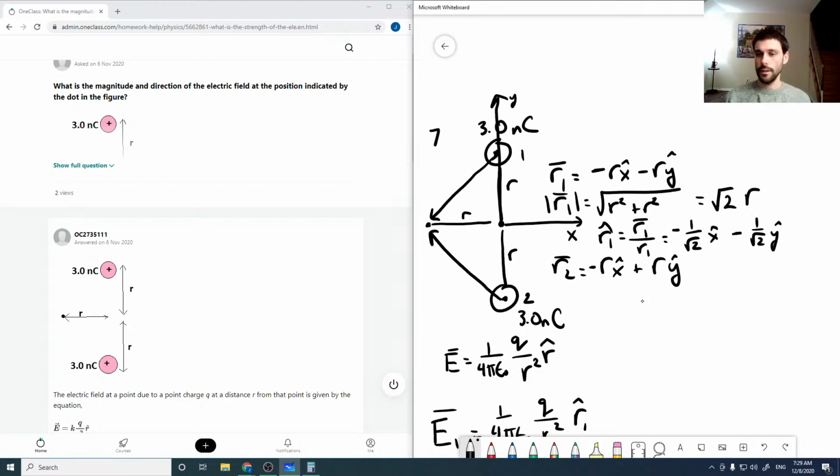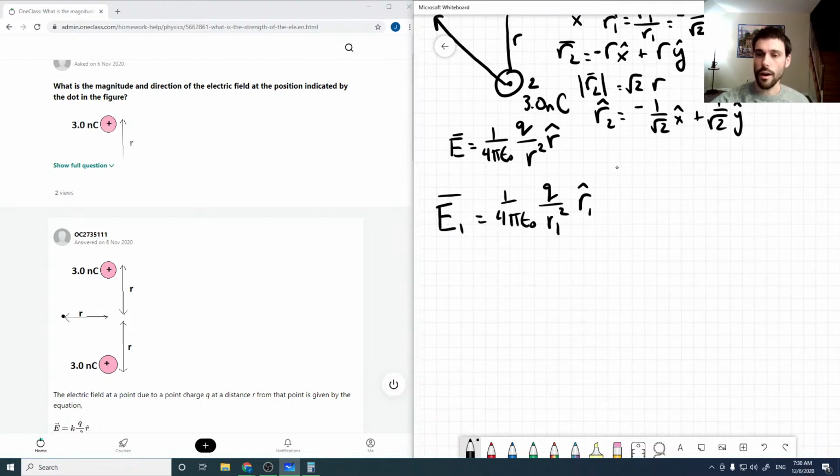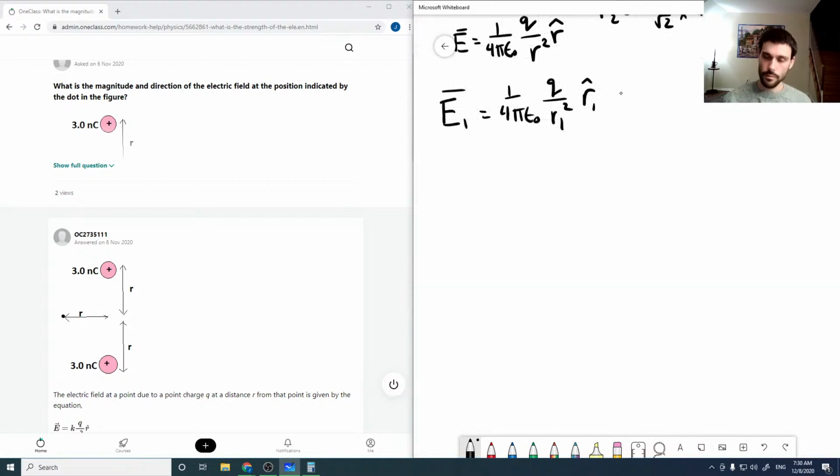And similarly, our r2 magnitude is √2 r as well, and our r2 hat is minus 1/√2 x hat plus 1/√2 y hat. So now we're in position to solve for our individual electric fields.